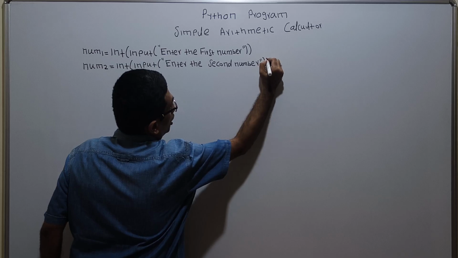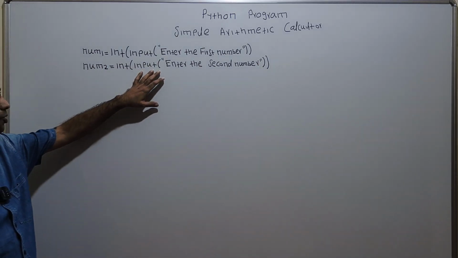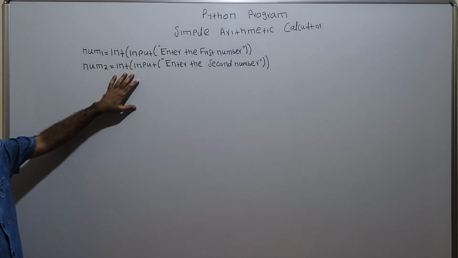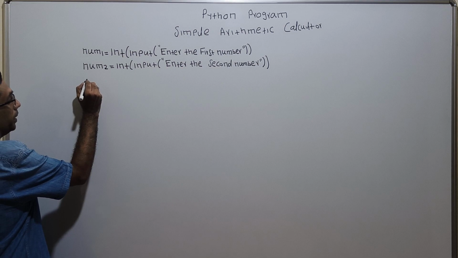I am closing the input statement and int function. So likewise, the other number is received as a string, converted into an integer, and stored in the variable num2.